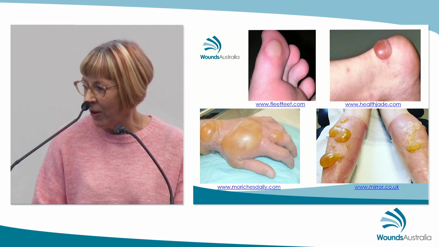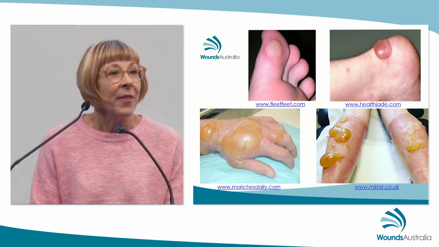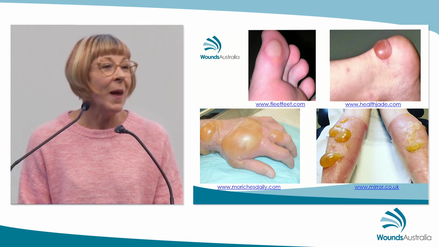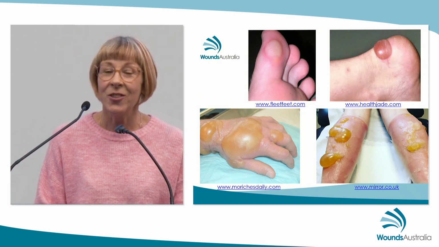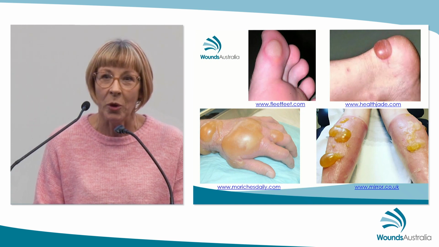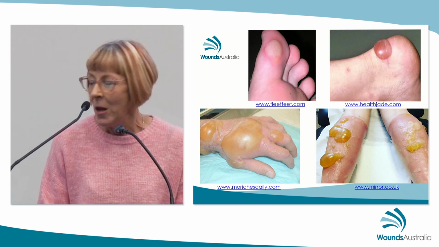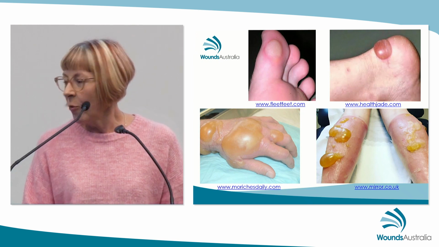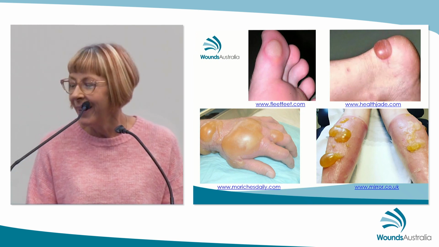If we look at these though, now this is a blister etiology where there is quite a specific management principle, because both of these are partial thickness burns. Okay? So the one on the right is actually sunburn.